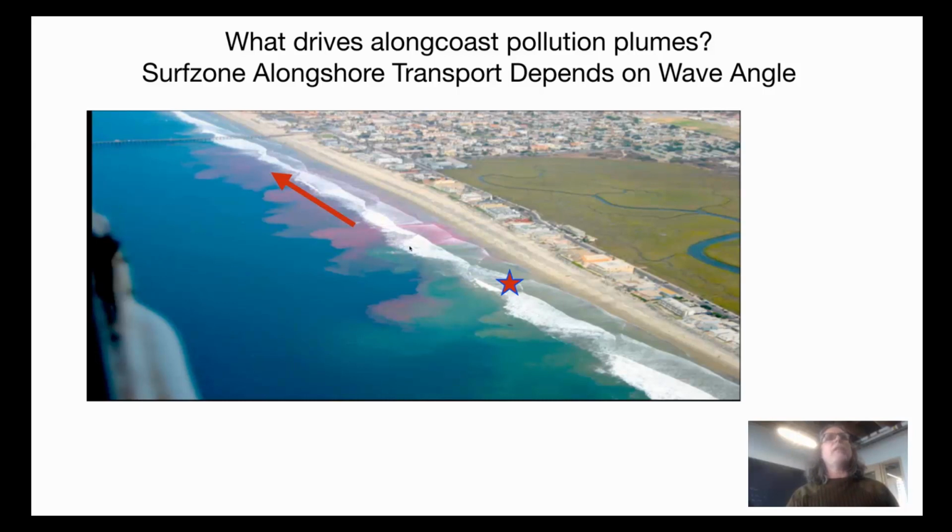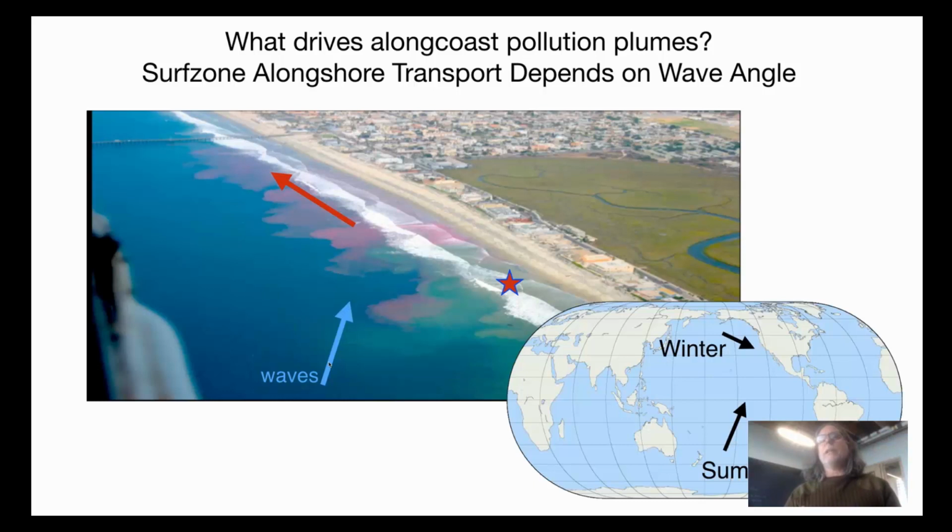Here in this photograph of a dye plume that we released around where the star is located, the dye is going to the north at about 20 to 30 centimeters a second. The reason is that this is in September during a time of south swell, where the waves are coming from the southwest, and that drives currents along the coast to the north. If the waves were coming from the other direction, it would drive currents to the south.